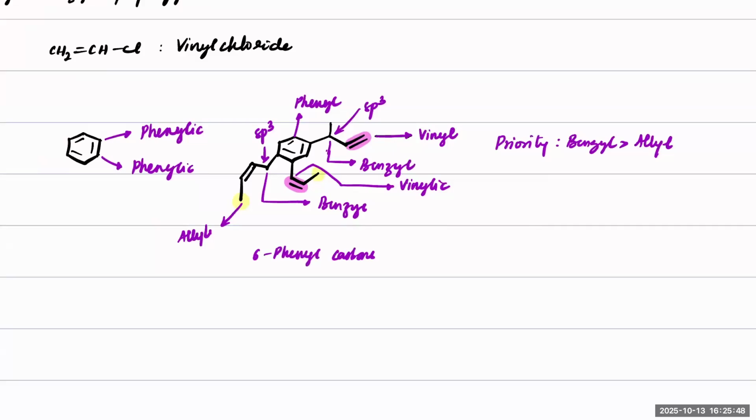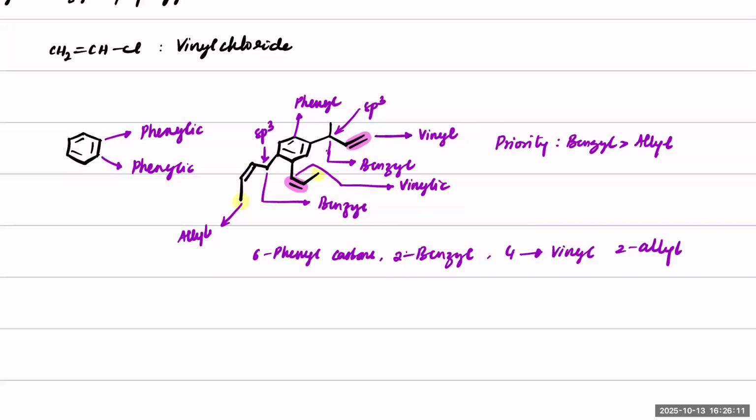There are six phenyl carbons, two benzyl carbons, and four vinyl carbons. And how many allyl are there? You can see two allyl here, so two allyl carbons.